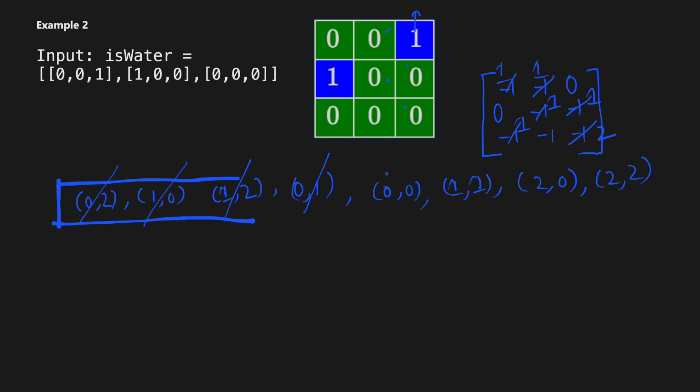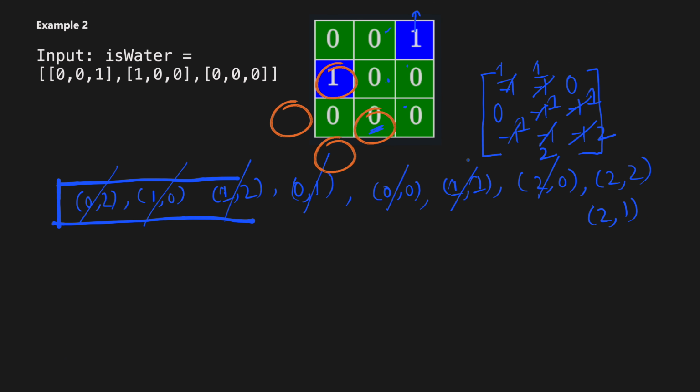So we will process the next element in the queue, which is 0, 0, and all its valid neighbors are visited as well. So we dequeue the next element 1, 1 from the queue. And for 1, 1, the only neighbor which we have not visited is 2, 1. So we will visit it and set its height equal to 1 plus 1 equal to 2 and enqueue it in the queue. Then we dequeue 2, 0.